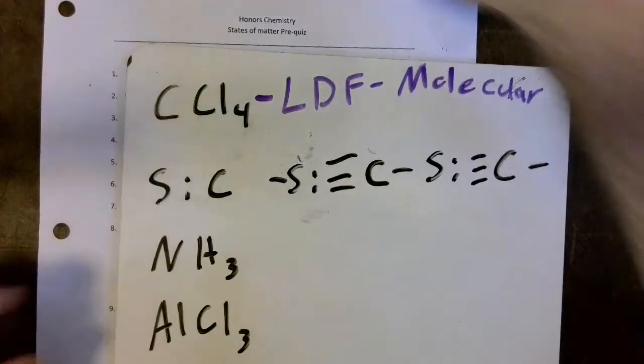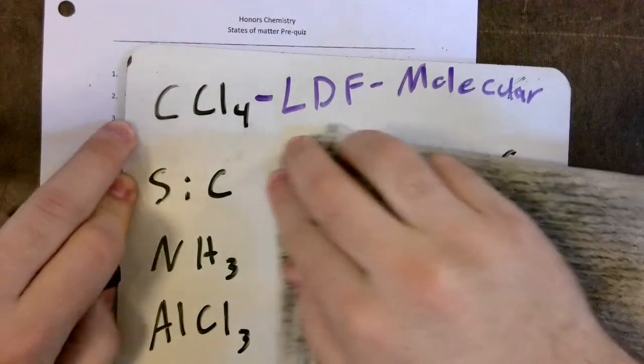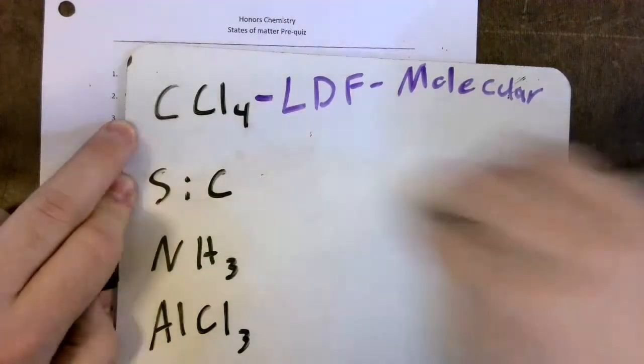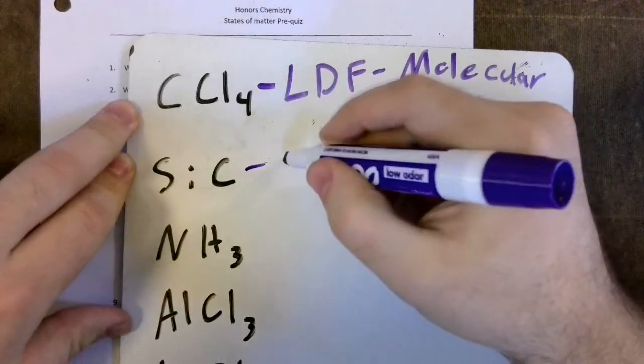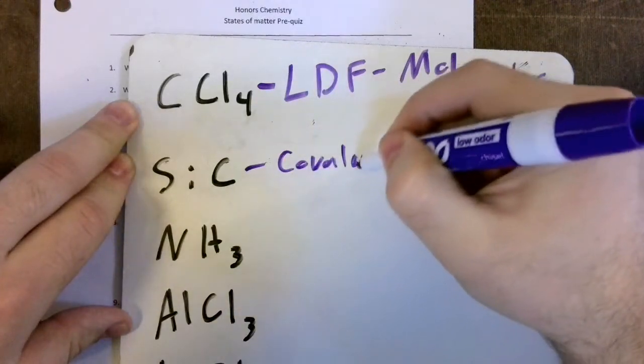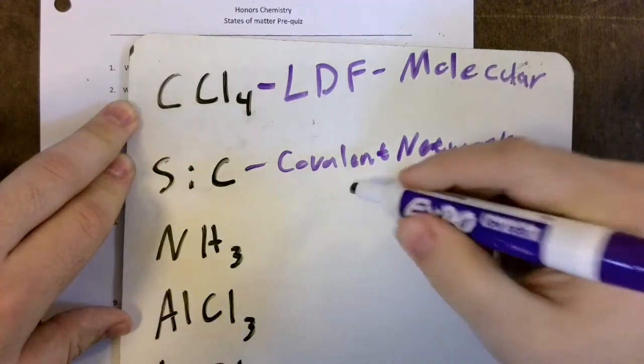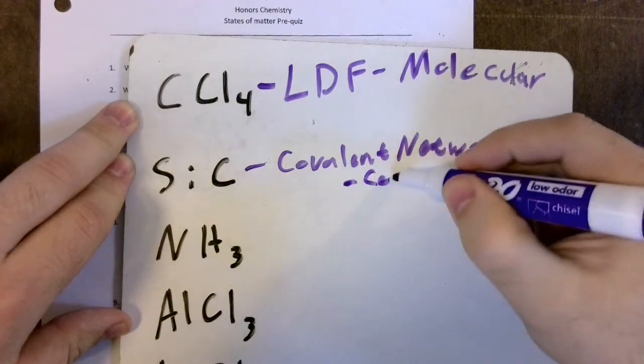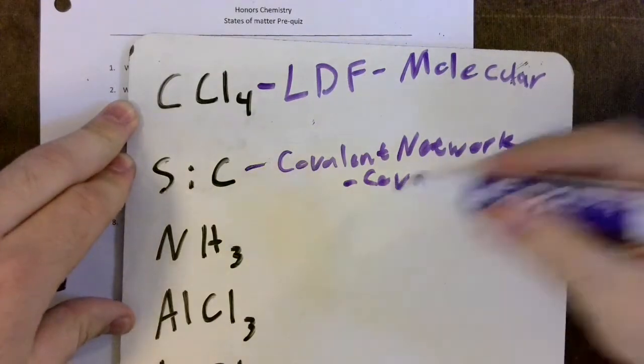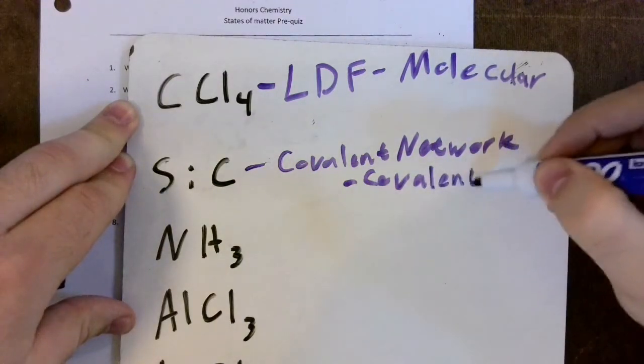So that's got to be a covalent network, held together by covalent bonds. If you tried to melt it, you would be melting covalent bonds. You'd have to break those bonds.